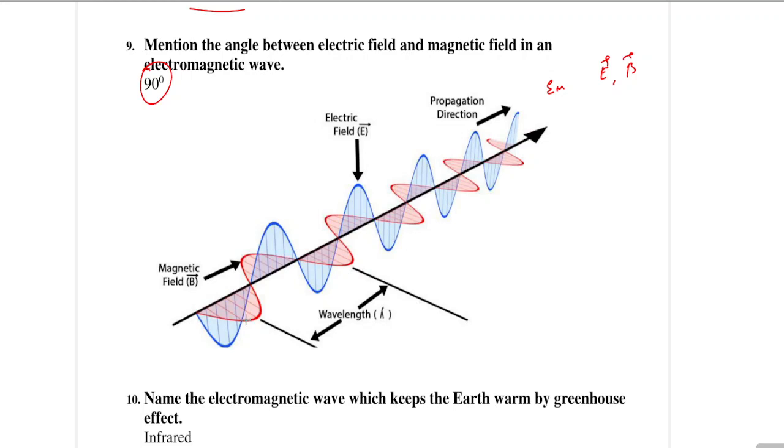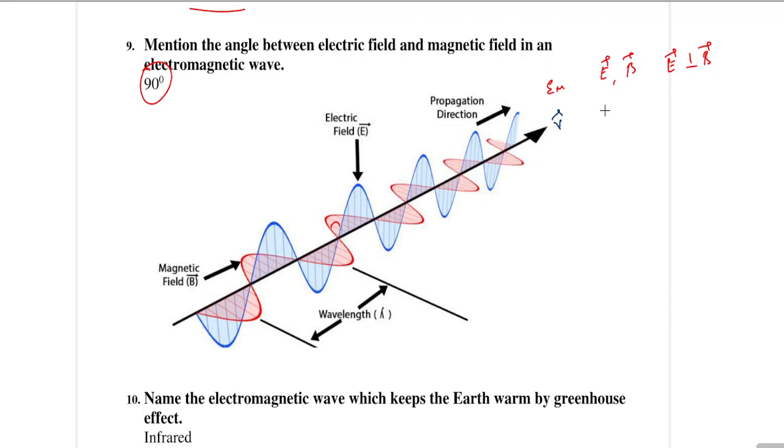The blue color indicates electric field and the red one indicates magnetic field. As seen in the diagram, the angle between electric field and magnetic field is 90 degrees. Electric field is normal to magnetic field, and the wave also moves in a given direction. Let's call that velocity v.